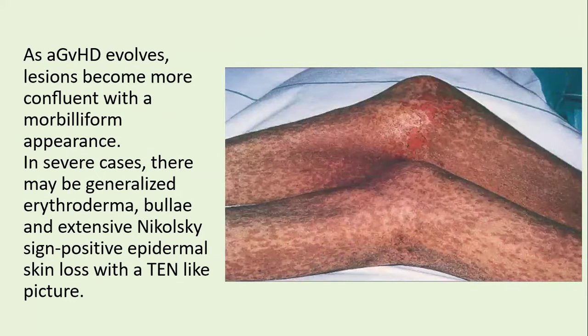As GVHD evolves, it becomes very similar to TEN, with a more confluent morbilliform rash, and in severe cases, there is generalized erythroderma, bullae and extensive Nikolsky sign positive epidermal skin loss, and a TEN-like picture. You can see the skin loss here and a generalized diffuse morbilliform rash.